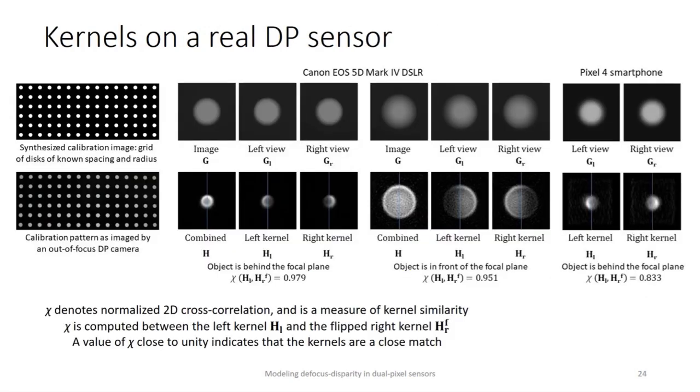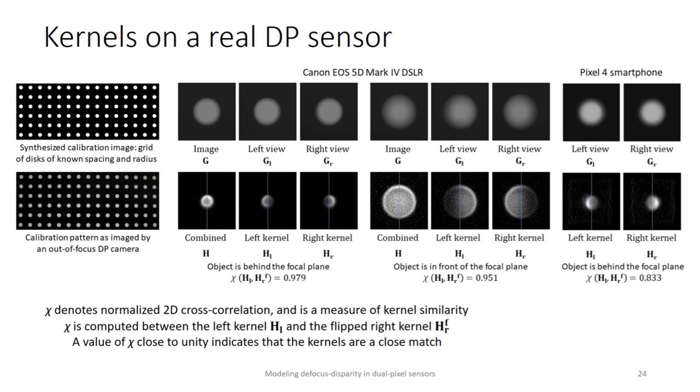The half-circle kernels correspond to an ideal sensor and lens. To investigate how the shape of the kernels deviate from the ideal case, we performed experiments on real data captured using DP cameras. We estimated independently the kernel corresponding to the image as well as the left and right DP views. These are shown in the bottom row.